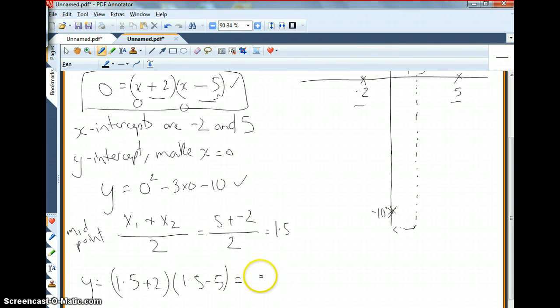Answer: 3.5 multiplied by minus 3.5. Can someone help me out here? 3.5 times 3.5? There we go, 12.25. So this value here, it's negative 12.25.